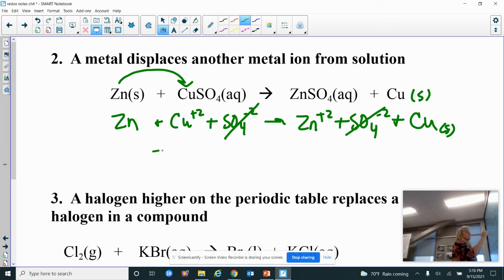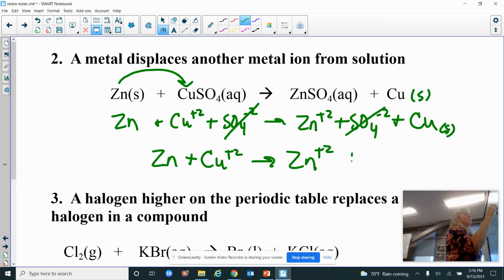What's left is solid zinc plus copper plus 2 goes to zinc plus 2 plus solid copper. The zinc and the zinc plus 2 don't cancel each other out. A solid metal with no charge is not the same thing as a metal ion. They do not cancel. So a metal replacing a metal, the aqueous tells us we have to split those compounds up into ions, and then the sulfate canceled out.